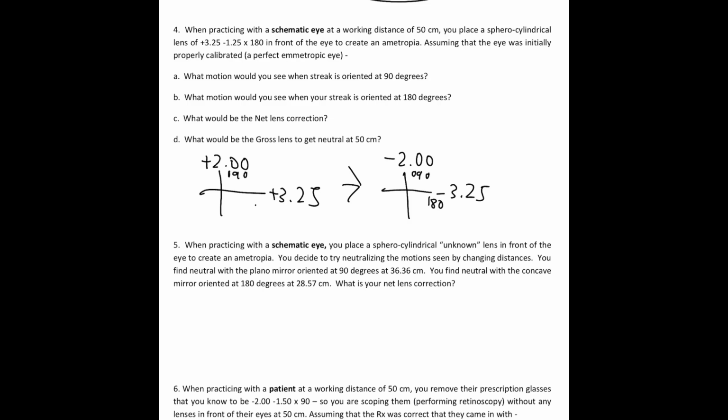So the axes stayed the same, but because now -2 is the more positive axis, the new axis is going to be 90. -2 is going to be the sphere, and then -1.25 is going to be the sill. So it was -2, -1.25, axis 90.